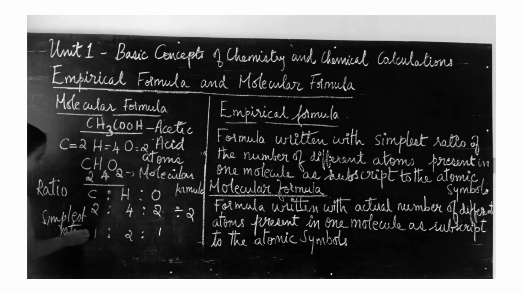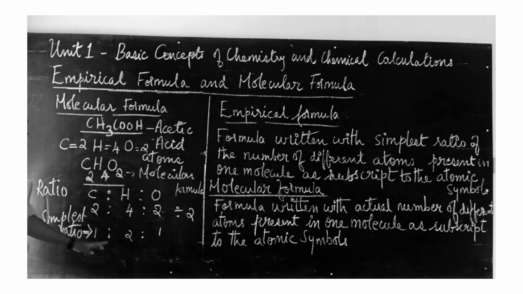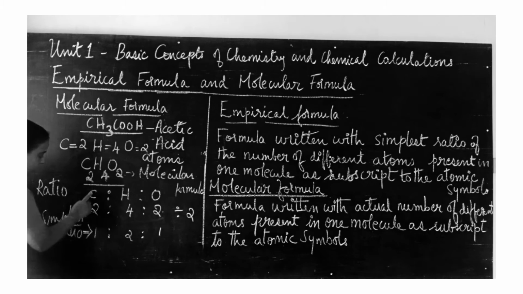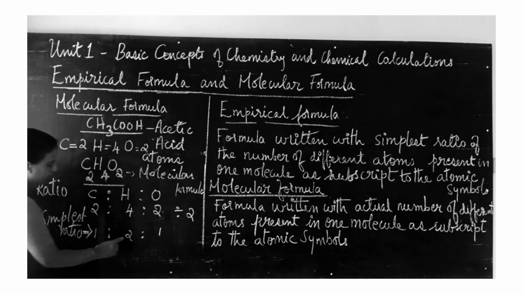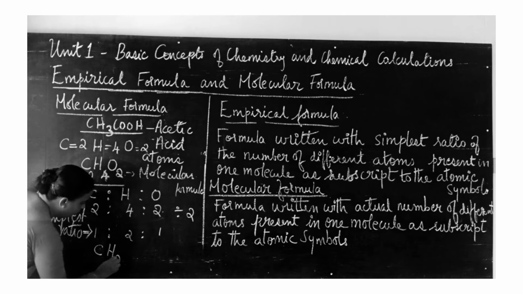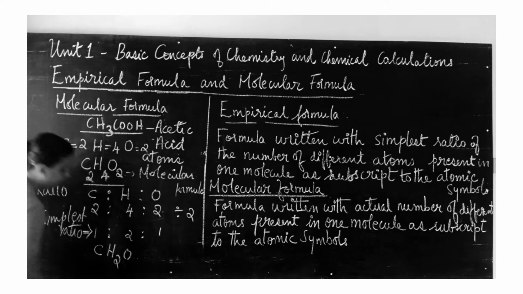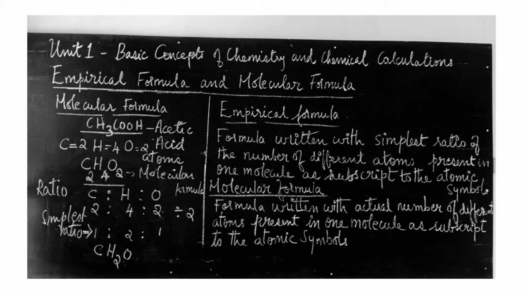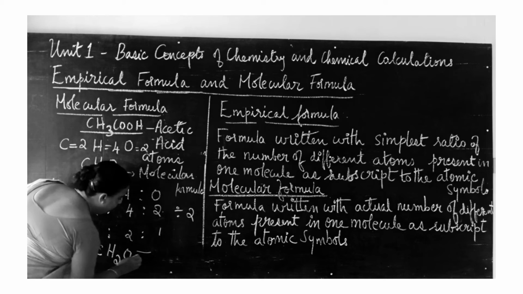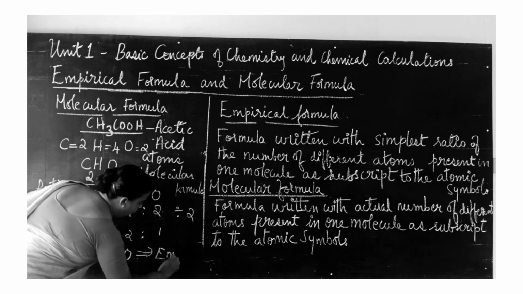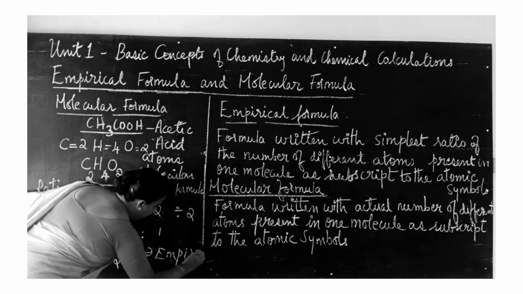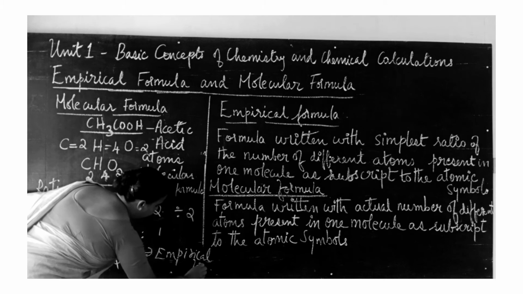Now this is the simplest ratio. Based on the simplest ratio, let us rewrite the formula. Carbon 1, hydrogen 2, so H2, and oxygen 1. So CH2O. That is the empirical formula.